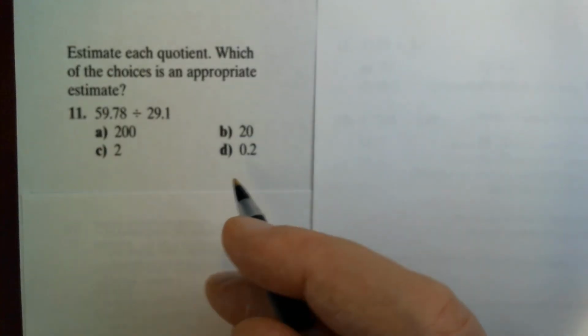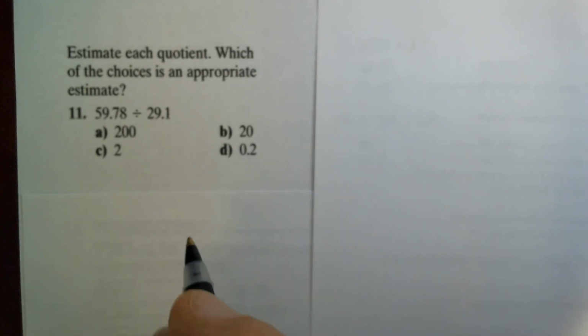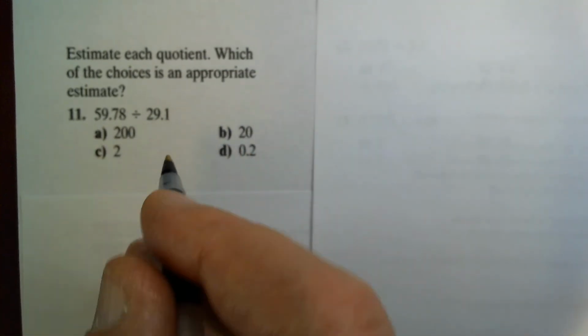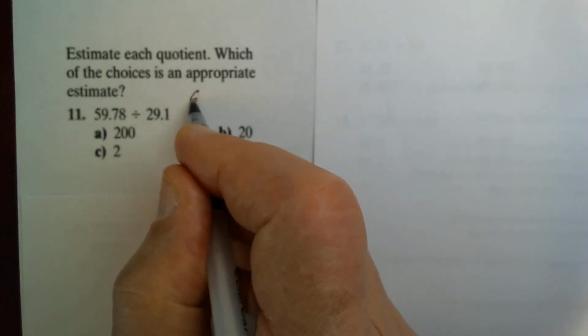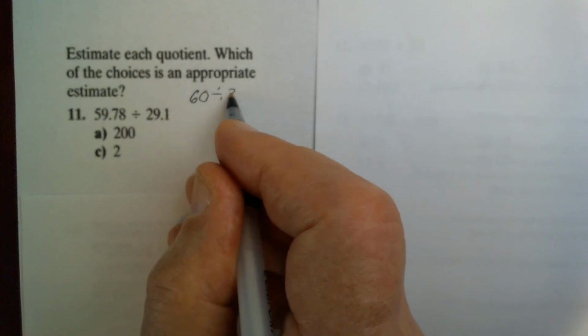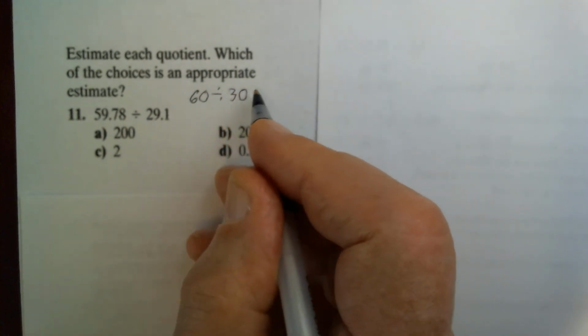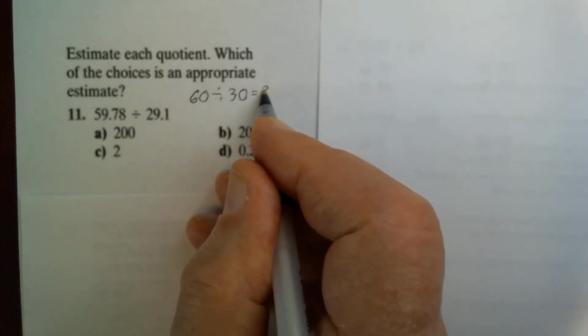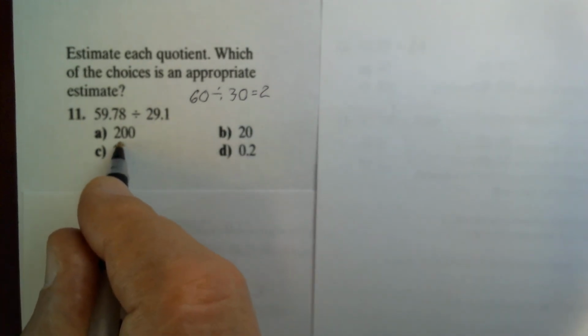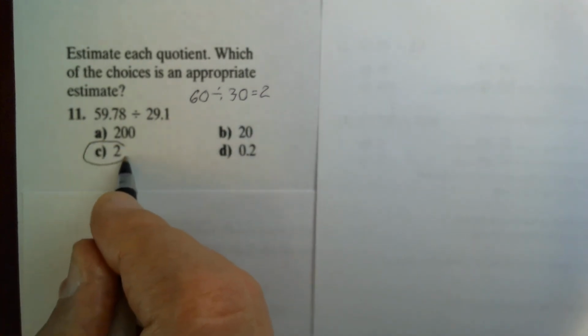Next, we have some quotients where we use estimates. We round 59.78 to 60. And we round 29.1 to 30. And 60 divided by 30 is 2. The estimate C is the appropriate estimate, 2.